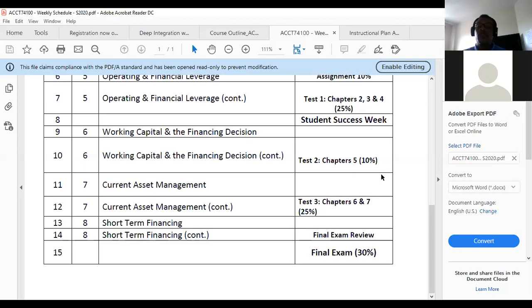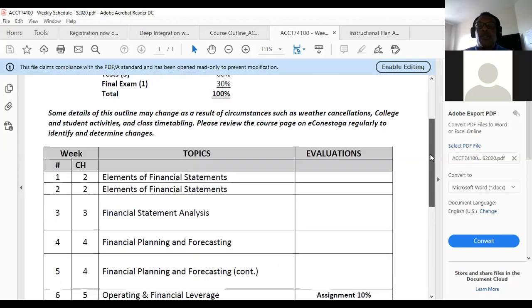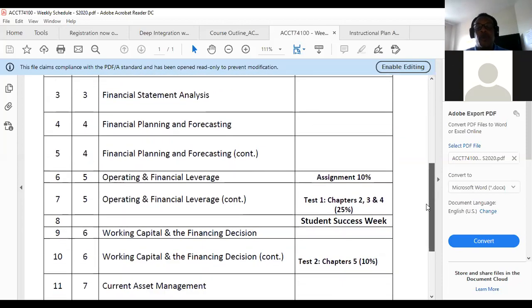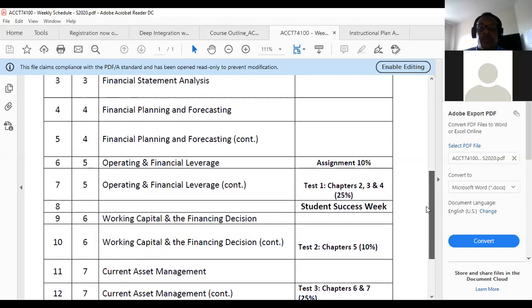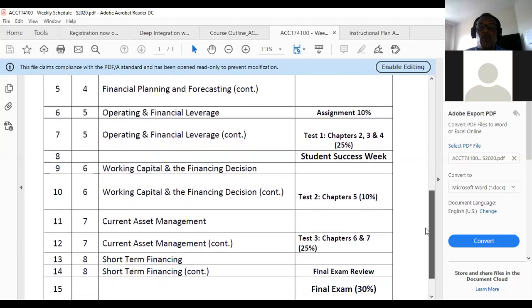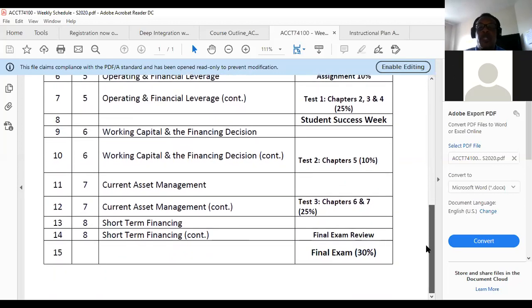So for evaluation purposes, there will be the assignment, 10%, then test 1 for 25%, test 2 for 10%, test 3, 25%, and then we'll have a final exam for 30%. Any questions so far?